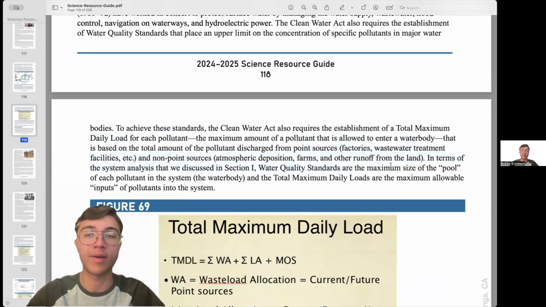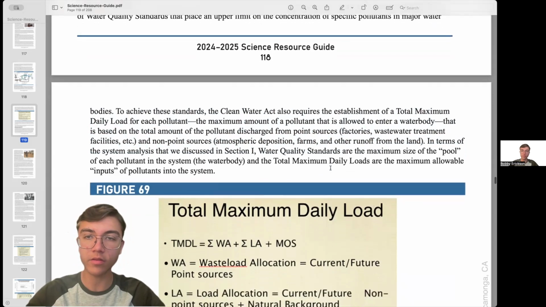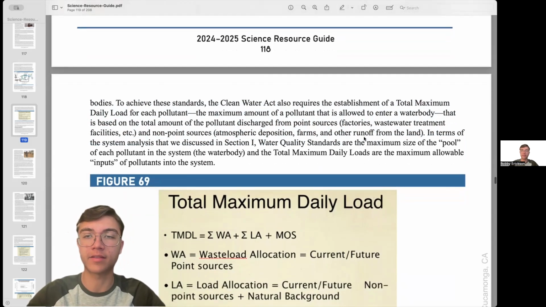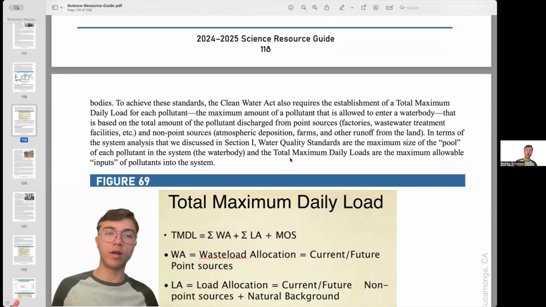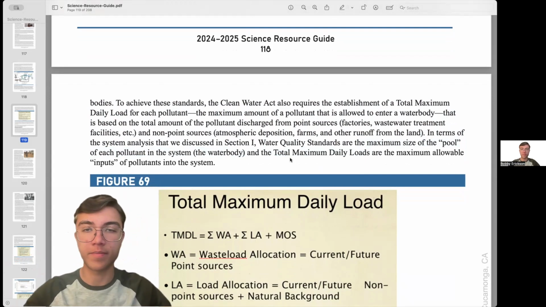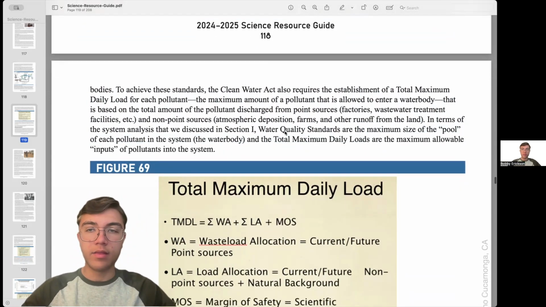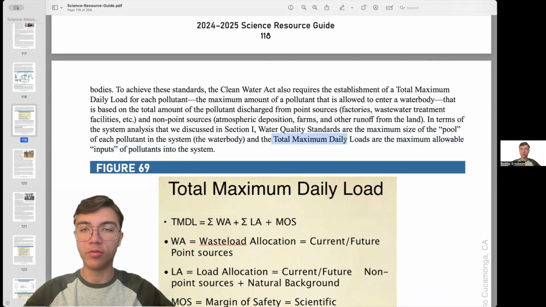These are regulated to the best they can. So we can think of the total maximum daily load as the maximum size of the pool of each pollutant in the system, the maximum allowable inputs.